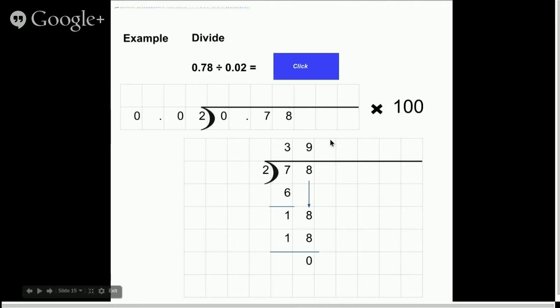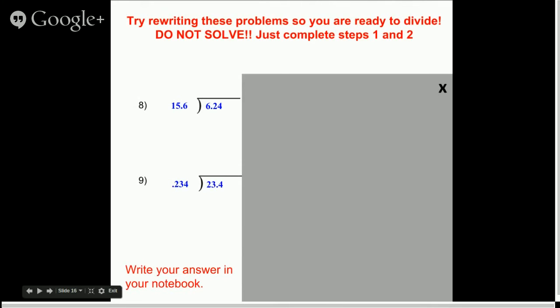I will get the same answer. You could check on a calculator. All right. Okay, and this one just happens to have no decimal points after it. Okay. So 39 of these will fit into this, just like 39 twos will fit into 78. That's how you know you got the correct answer.